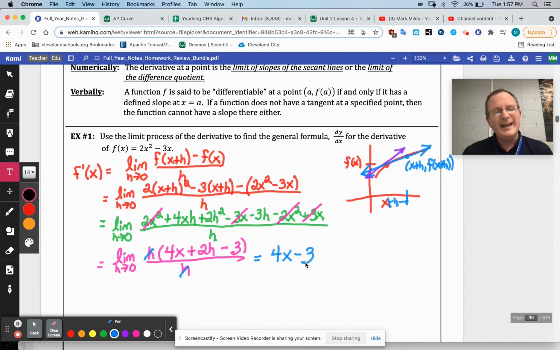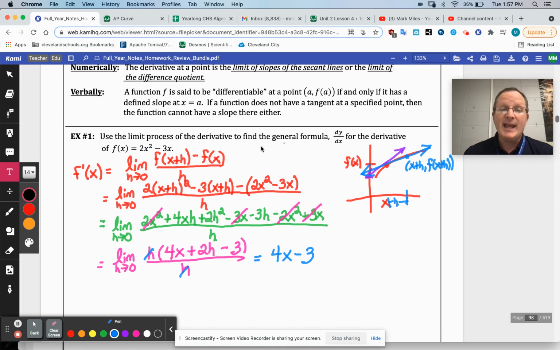It does say dy dx, but I really have a hard time calling that dy dx whenever the original function was not in terms of y. I know it's interchangeable terminology, but to really be consistent, if they start with f of x, let's call it f prime.